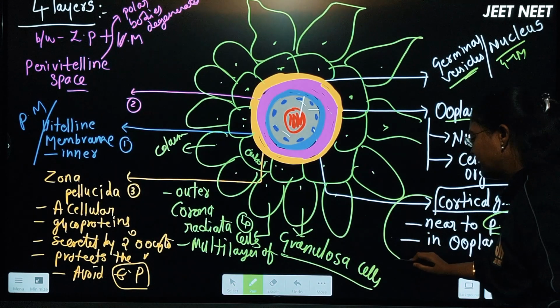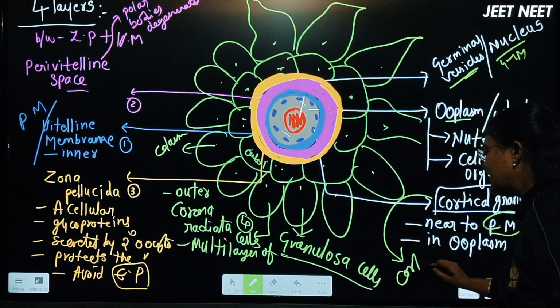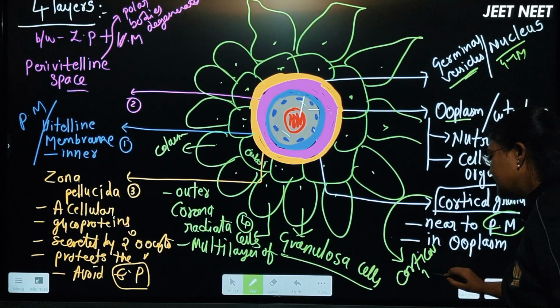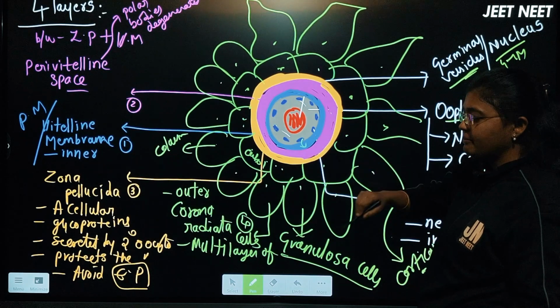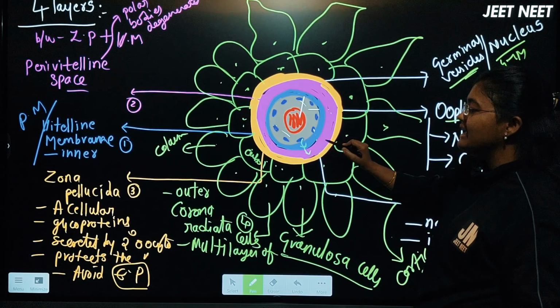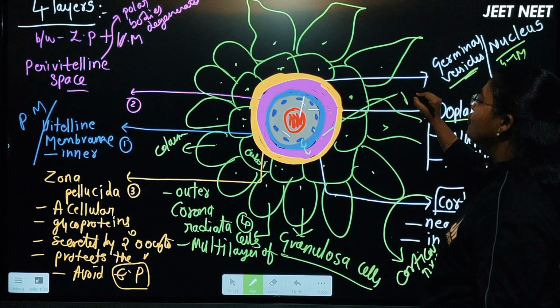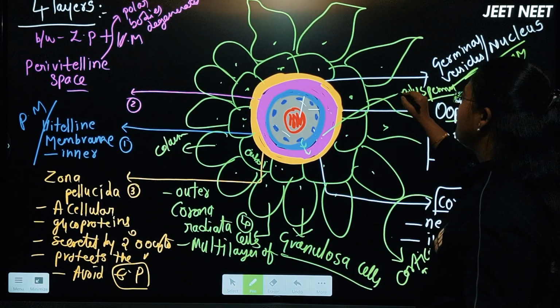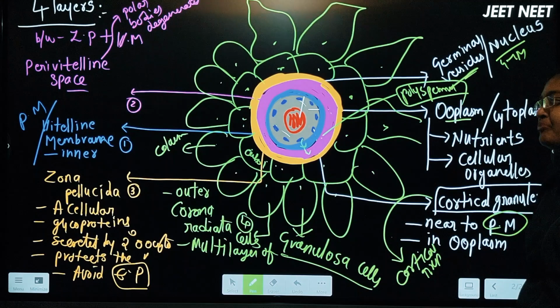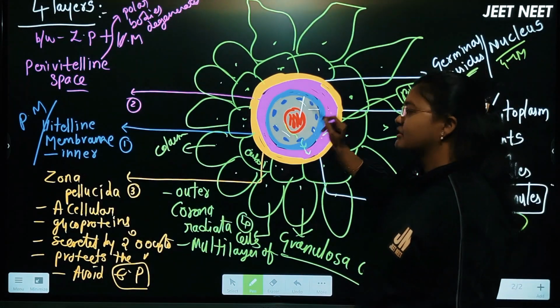These cortical granules are helpful for the cortical reaction, right? They fuse with the vitelline membrane and the zona pellucida, hardening the zona pellucida to avoid polyspermy, beta. In the next lecture we will discuss how polyspermy is avoided. Here all the nutrients will be present.